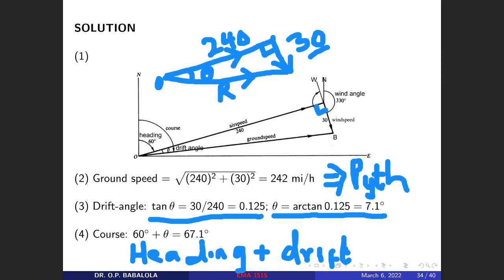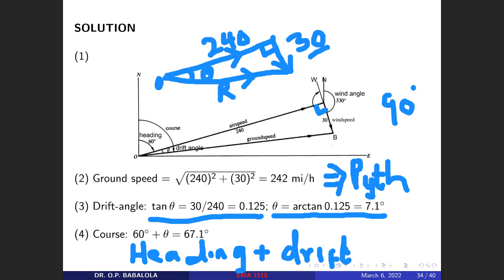It's an example where we have used the heading to be 60. The heading can be 30 degrees, while the wind angle can be 300. In that case, we assume 90 degrees. If the heading angle is not 60, let's say it's 50, and the wind angle is 300, then we would not have this to be 90 degrees, and we'll not be able to solve it using the Pythagoras theorem.